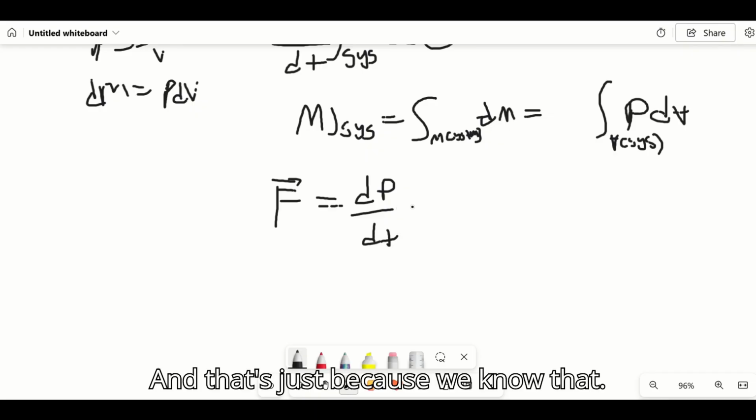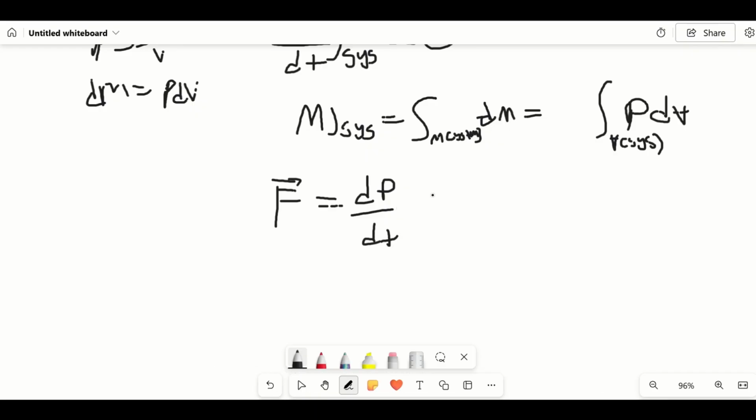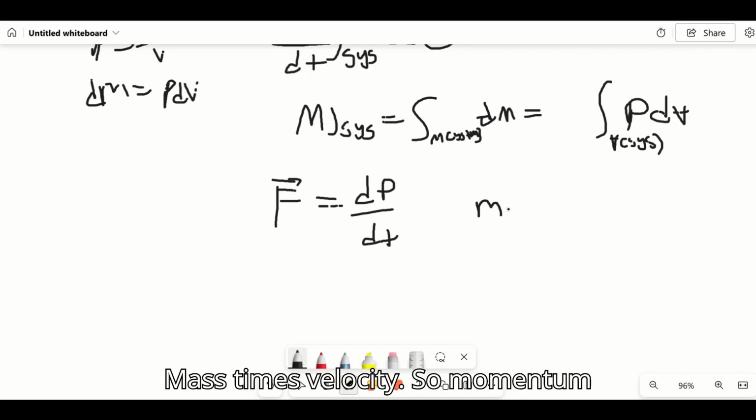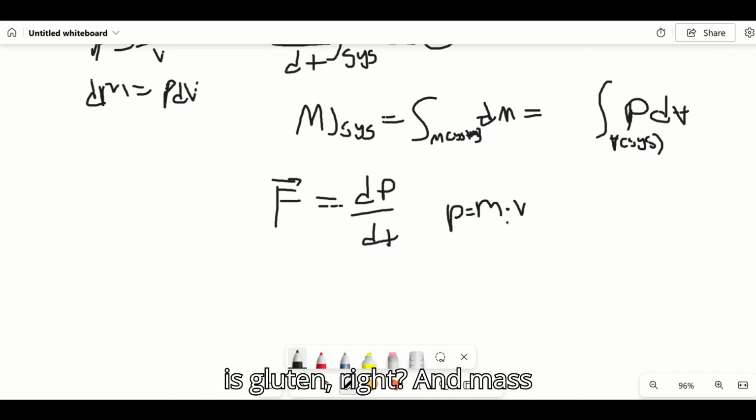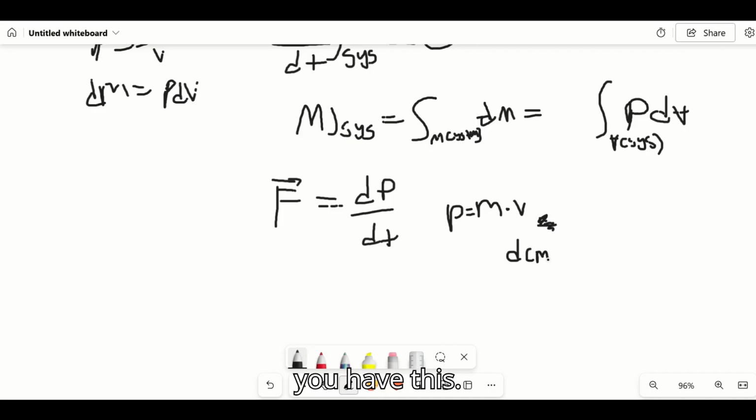That's just because we know that momentum is equal to mass times velocity, right? And for mass times velocity, you take the derivative of that, holding mass constant.